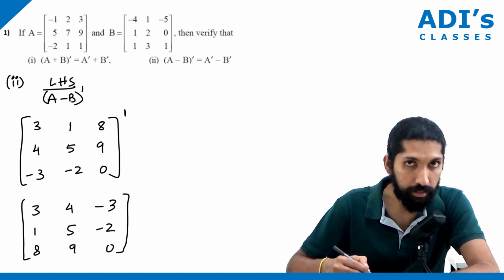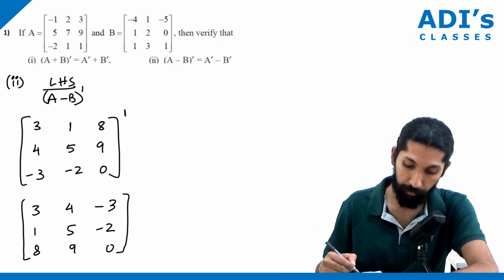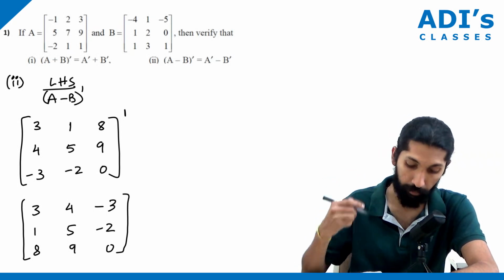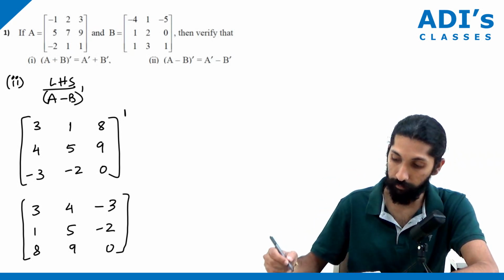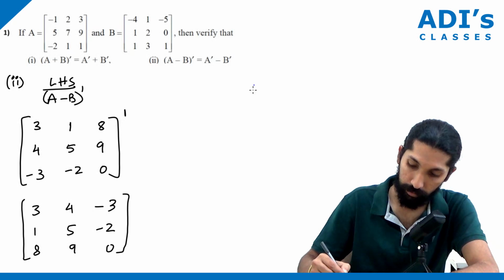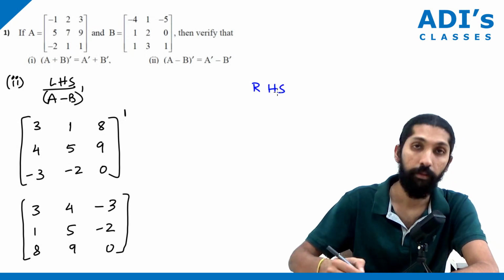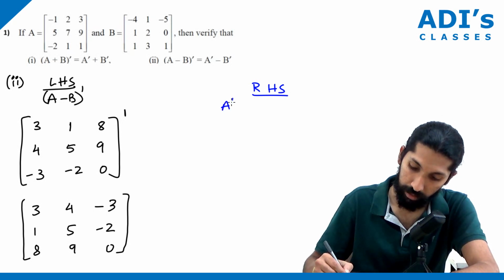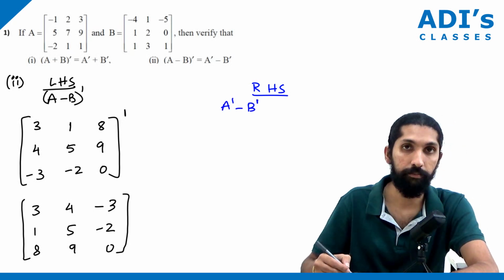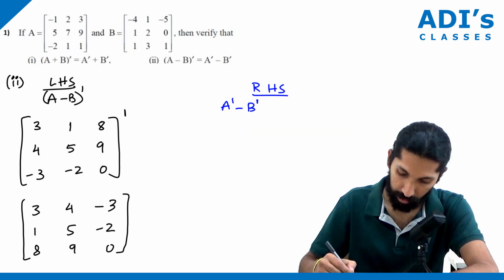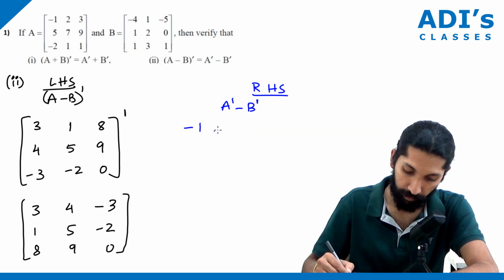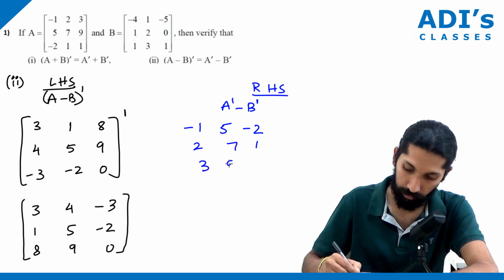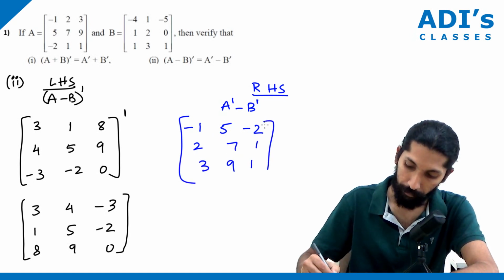So LHS is nothing but (A minus B) whole transpose like what we have here. Now after this, we'll do the RHS. So for RHS, A dash minus B dash, correct? First we'll do A dash, minus 1, 5, minus 2, 2, 7, 1, 3, 9, 1. This is A dash.